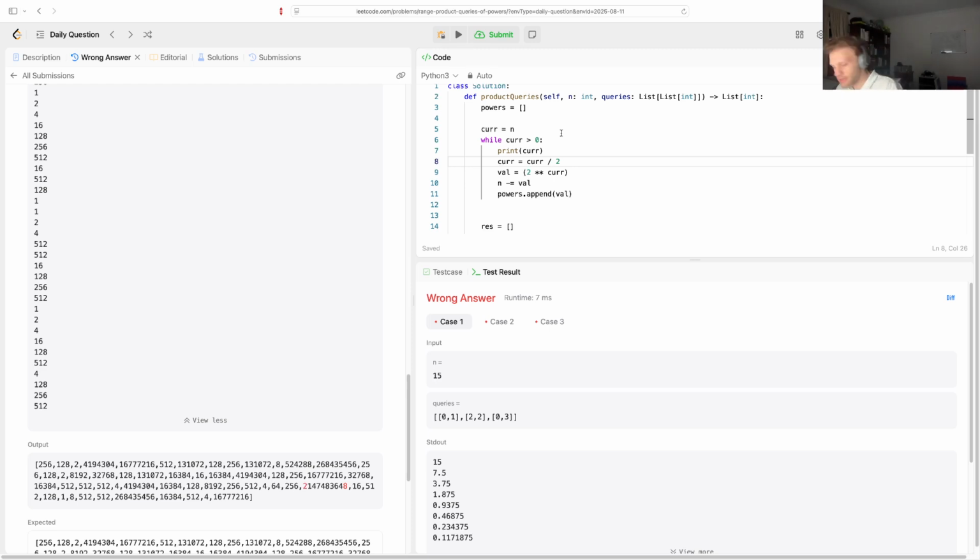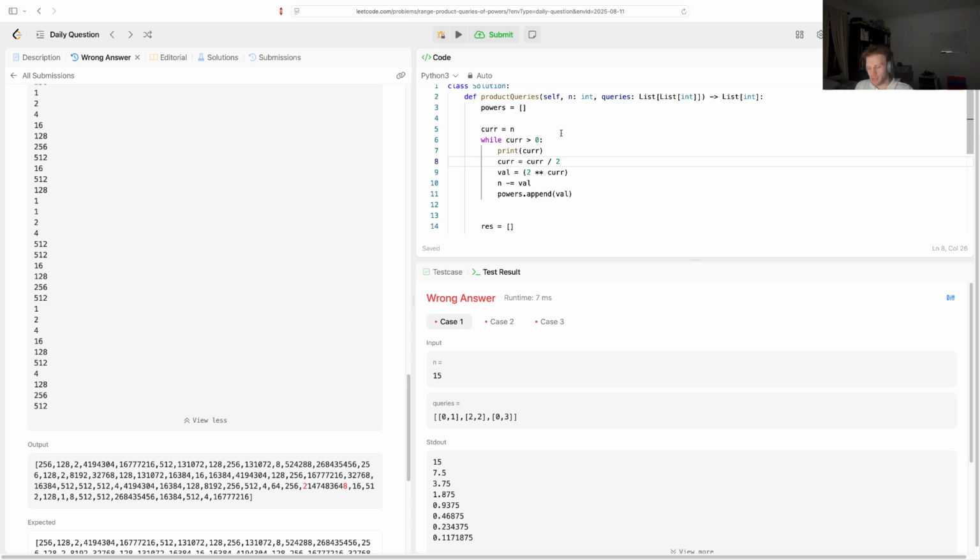It's not exactly right. Oh, it's not divided by two. I'm thinking about it wrong.